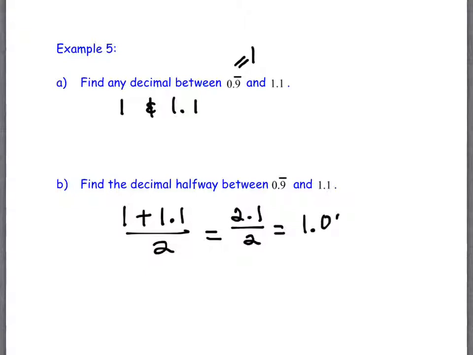And what is 2.1 divided by 2? 1.05. Now, I actually think that this one works really well to think about in terms of money. So if I were to do this, which I think is where Allie was thinking to start with, because you talked about putting zeros on things. If you think about this as $1 and $1.10, what's some other number that's halfway between? Well, we already did $1.05 because we have that one on the bottom.